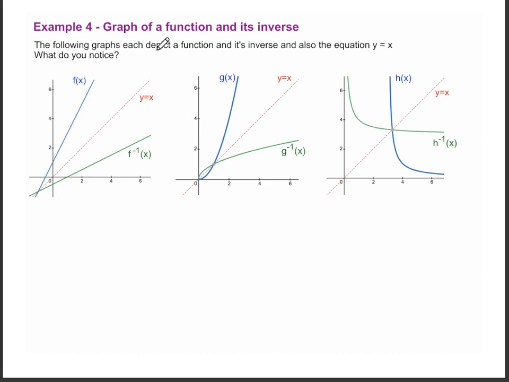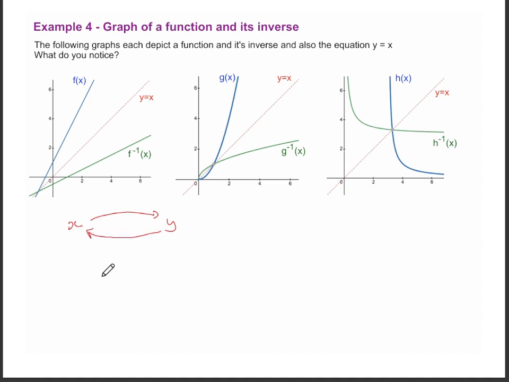So these following graphs, each are what a function and its inverse look like. And they also have another line that's constant along them, which is the y equals x line. And what happens here is that, remember, if you have the original function going from an x to a y, what the inverse does is start from the y and go to an x.